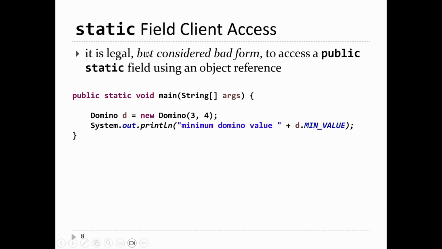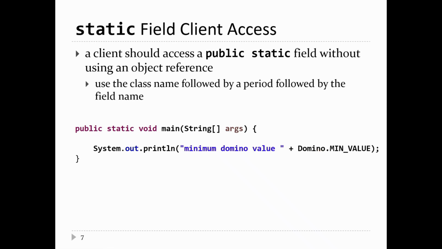It is legal, but considered bad form, to access a public static field using an object. You could make a domino object d and then write d.minValue. That will work. I don't remember if the compiler issues a warning or not. Eclipse will underline it in orange and say you shouldn't do this. But it is legal, so don't write that. Instead, use the class name.